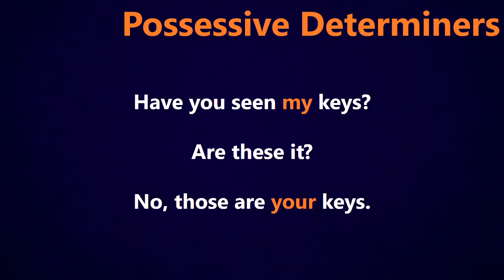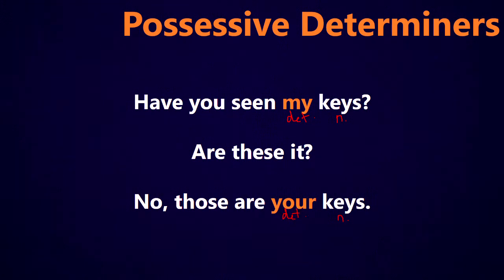For example, have you seen my keys? So here, keys is a noun. So I would say my keys, not mine keys. Are these it? No, those are your keys. So again, here's my determiner with the noun keys. So my is a determiner and your is a determiner.